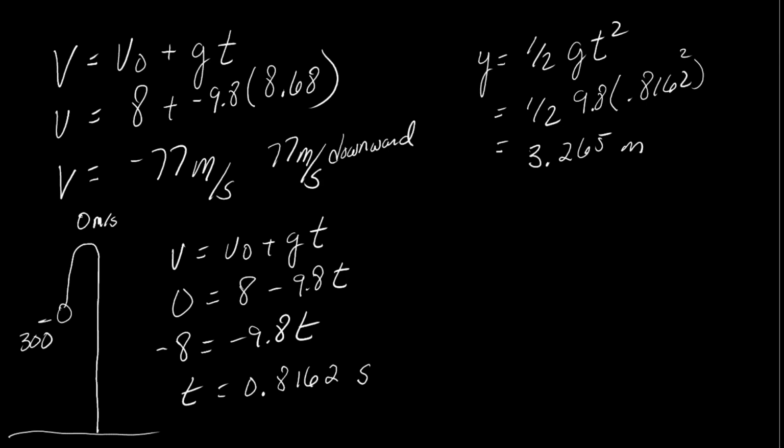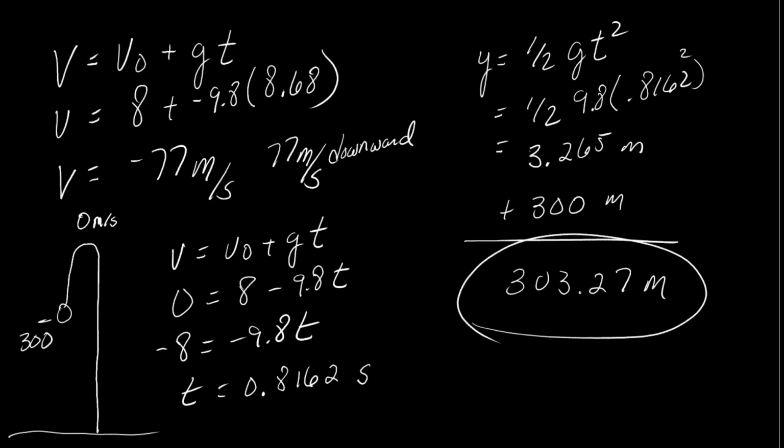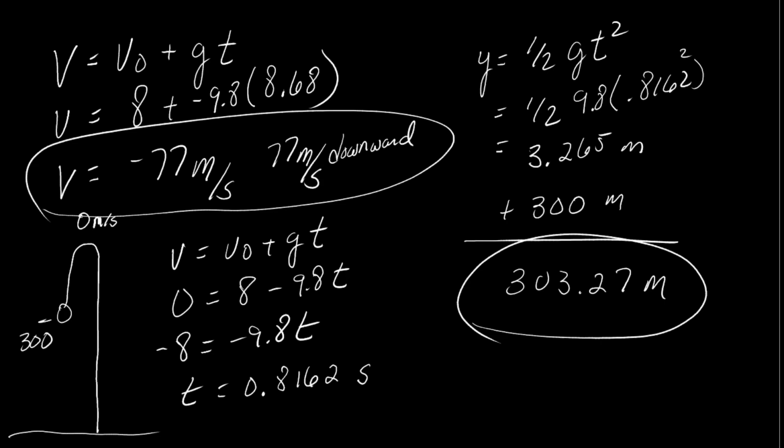So that's how far it traveled going upward. Let's add that to the initial 300 meters. That'll give us 303.26 or 27 meters. So those are our answers for this question.